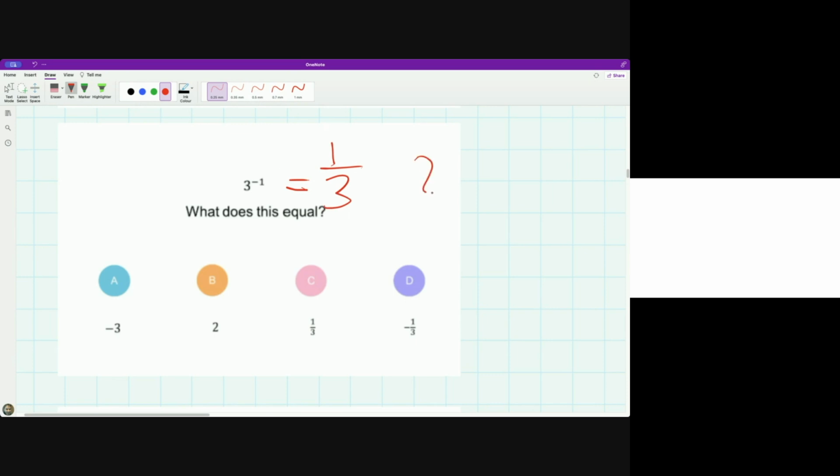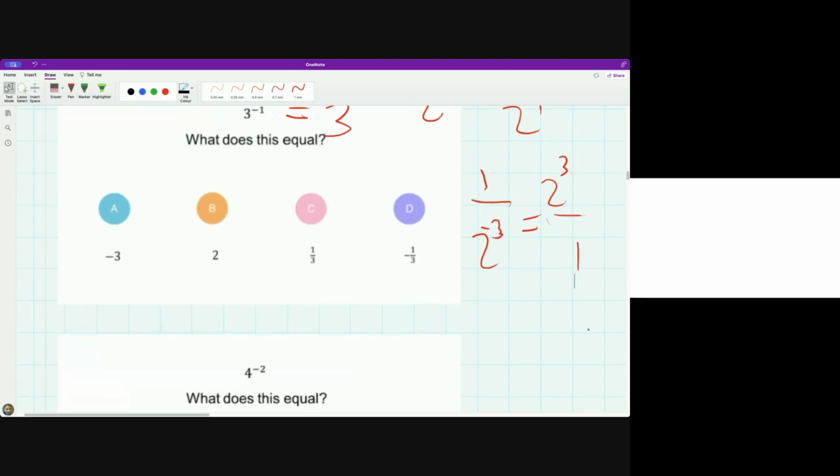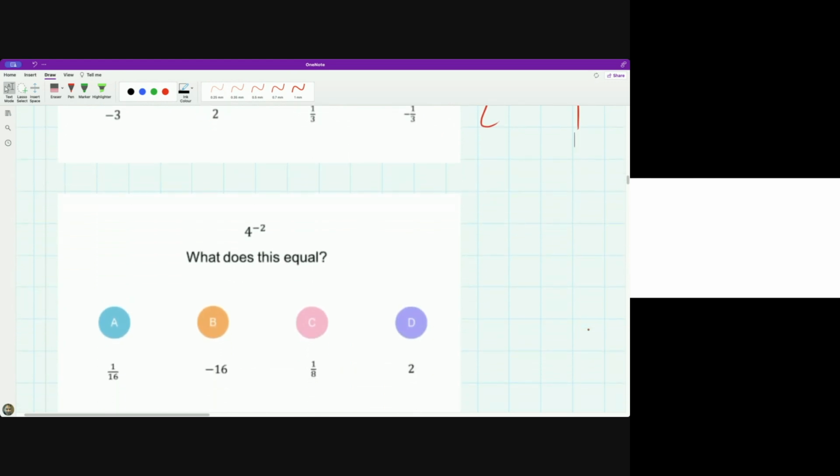So it's important that you know this, that if something's a negative exponent, you can change it. Or if I had something like that, that's the same as that. Oh, my brain sent the wrong message there. Okay, let's see. What about this one?